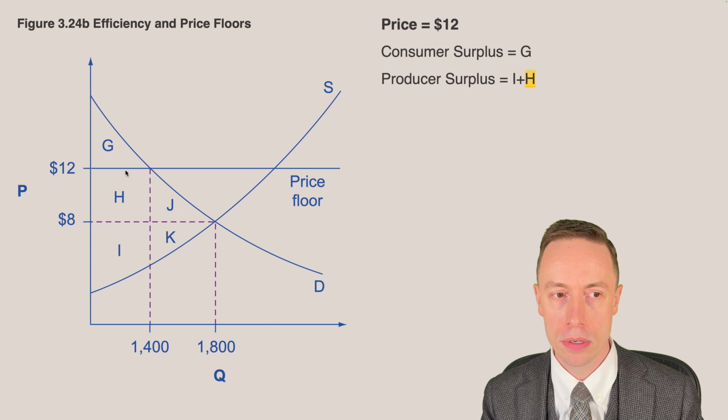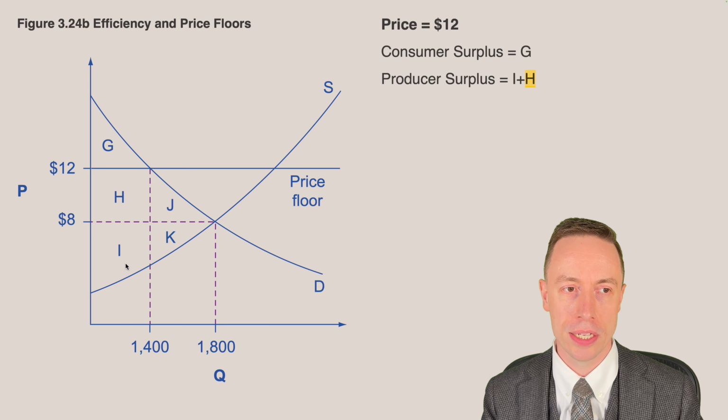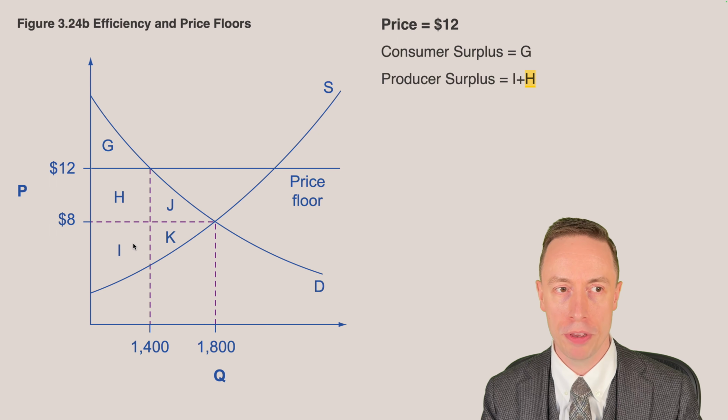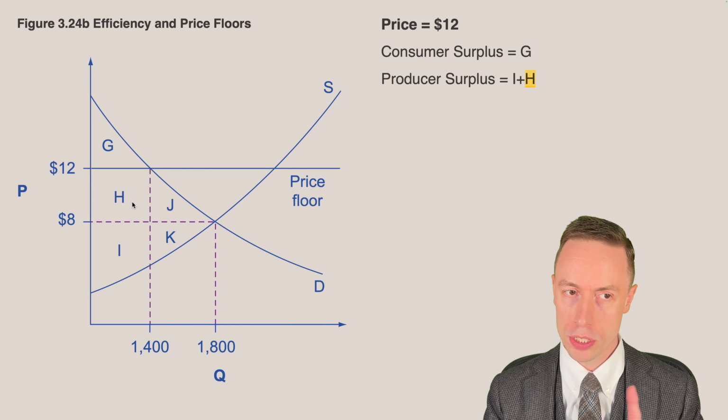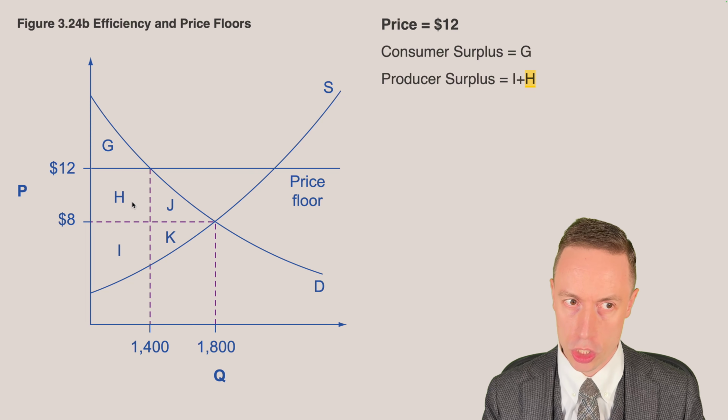Underneath the price, above the supply curve, we now have areas H and I. So I, of course, was already part of producer surplus before, but H is new. Those 1400 units are now selling at a higher price. Of course, a little bit gone from the producer surplus as well.